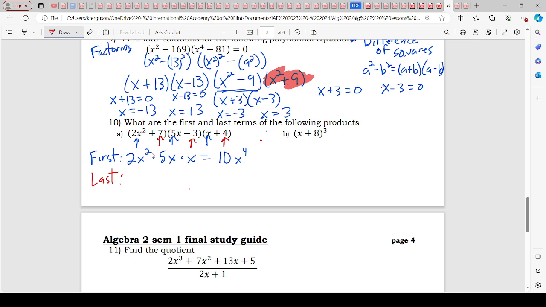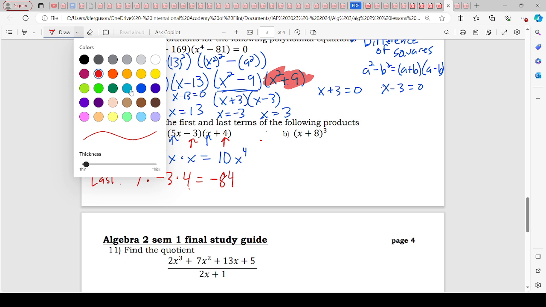So I multiply the last things. So I got 7 times a negative 3 times 4. Yep, it's negative 84. You can't forget the negatives. So 3 times 4 is 12, and then, excuse me, negative 3 times 4 is negative 12. Negative 12 times 7 is negative 84.